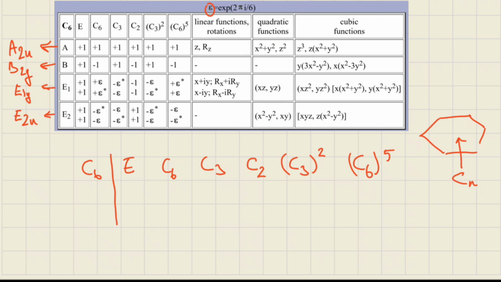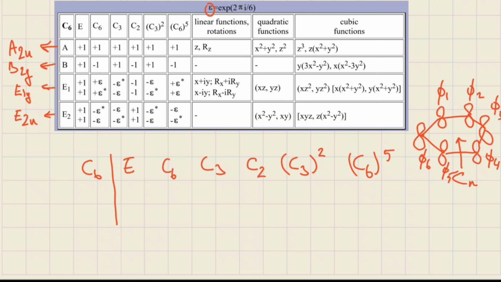For instance, we can name them maybe. So this is one of the pi orbitals. I will name it phi 1. So this is phi 2. This will be phi 3. This will be phi 4. This will be phi 5. And this will be phi 6. So we have 6 of them.